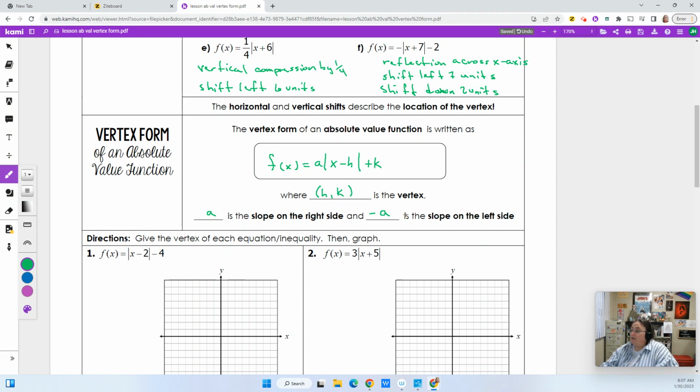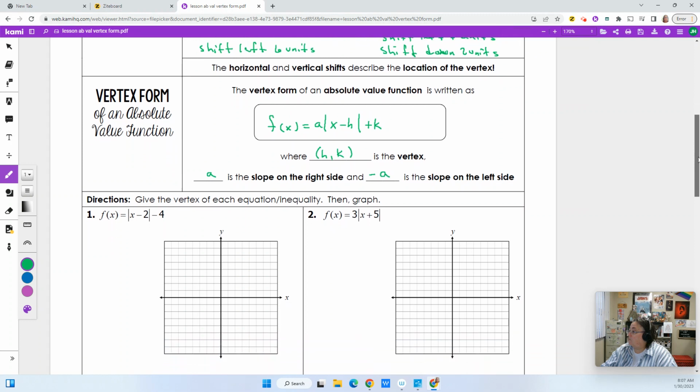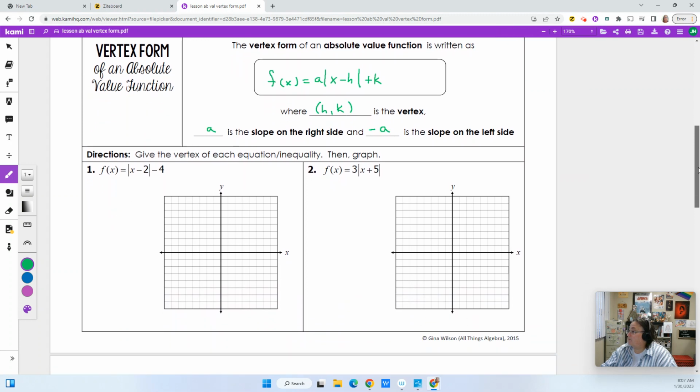So if we're solving this problem and we're trying to graph these problems, it kind of gives us this indicator of how we want this to work off of the parent function.